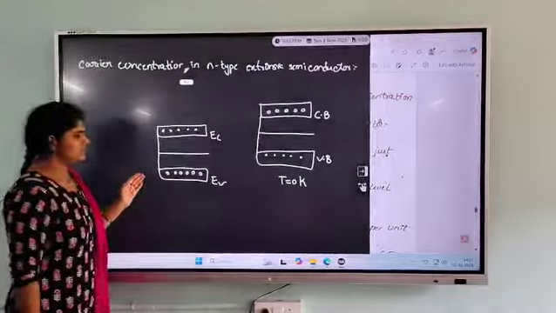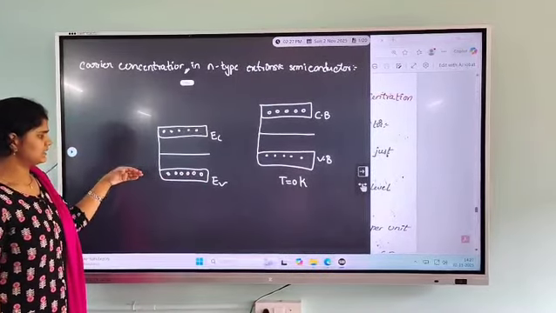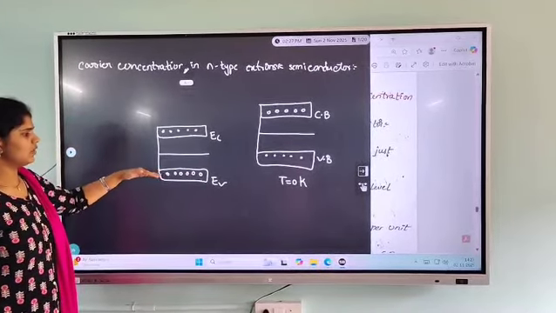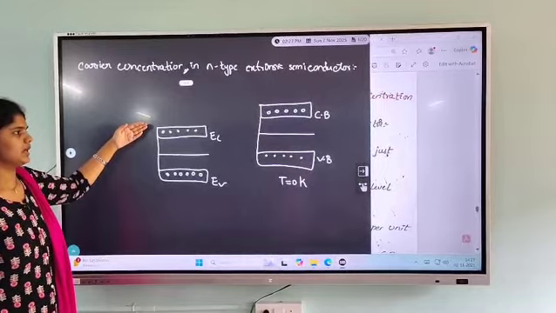In the valency band, holes will form, because all electrons jump into the conduction band.